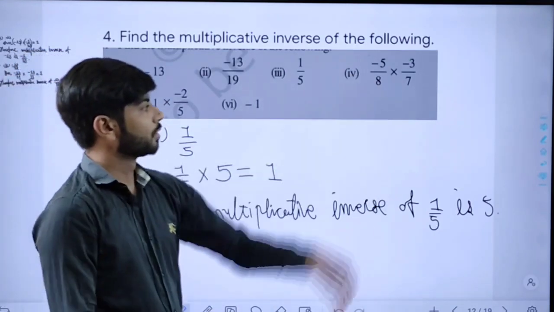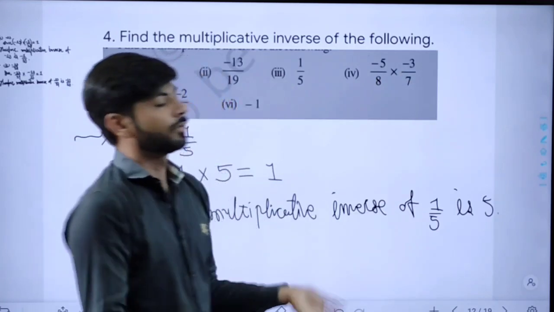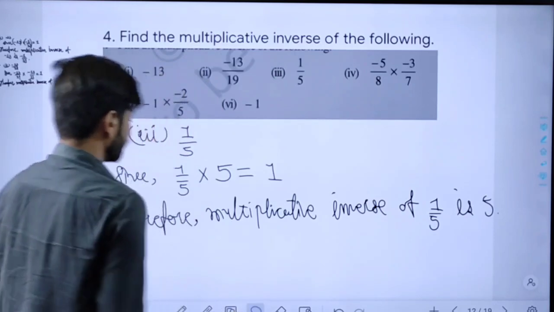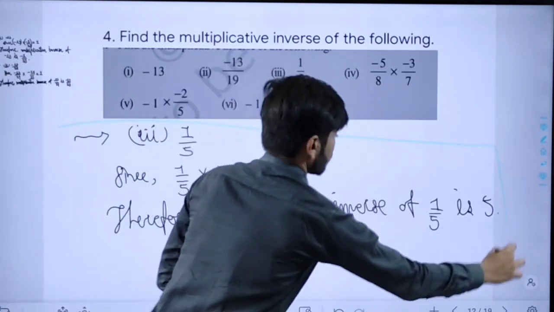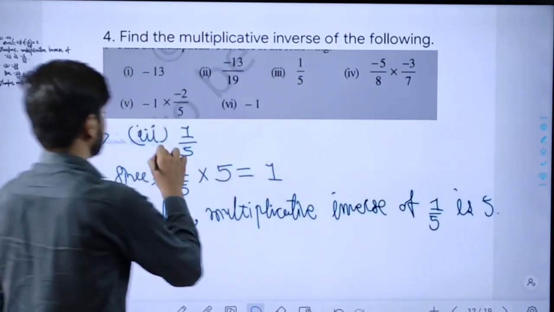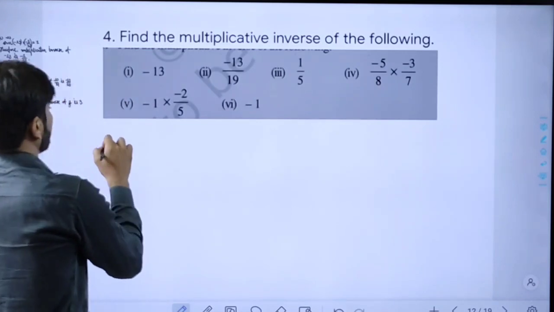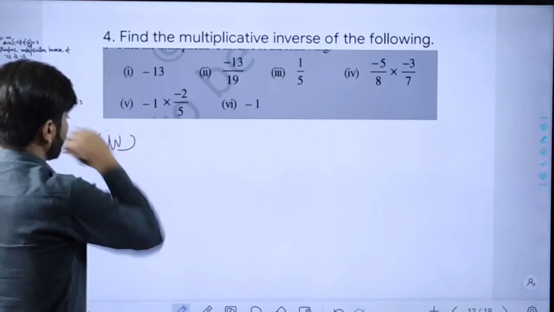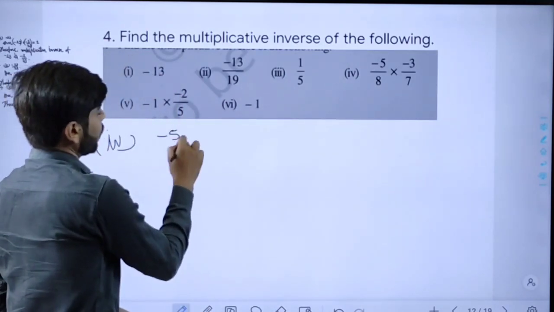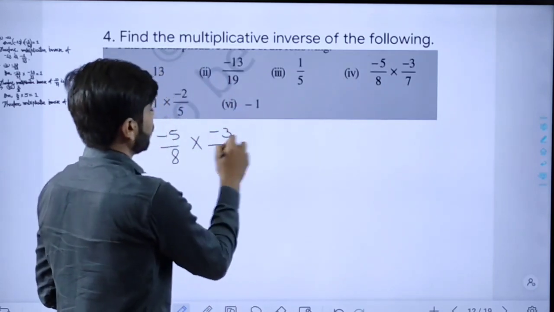Okay, now the fourth is not hard. We have to just multiply these numbers and then we will write the multiplicative inverse of that number. Okay, now minus 5 upon 8 multiplied with minus 3 upon 7.